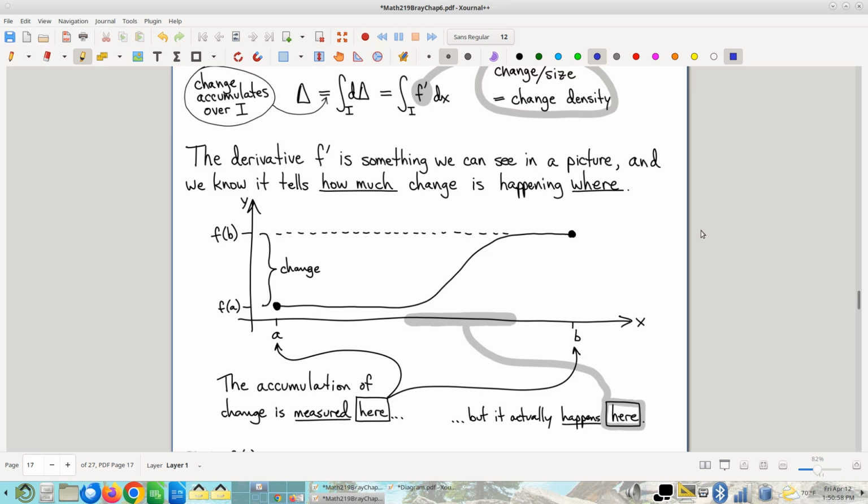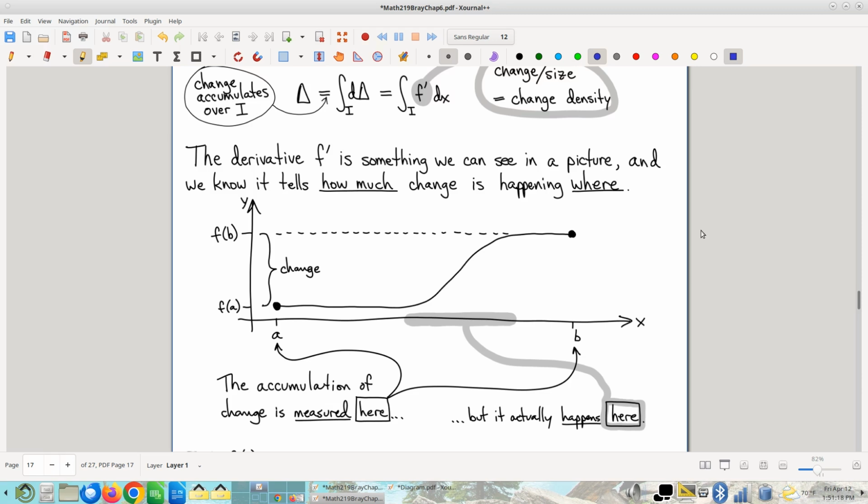So same idea. Again, much easier to buy in this context where you're talking about change, because we can draw the graph and I can see the change happening. And it's only two-dimensional even with the graph drawn. So it's just much easier to relate to here.